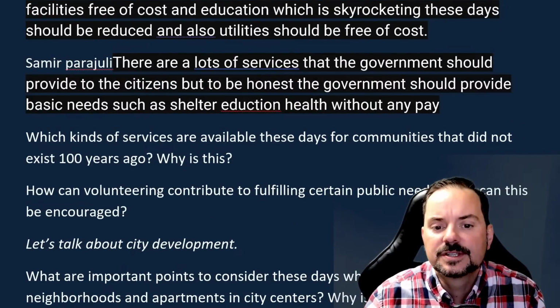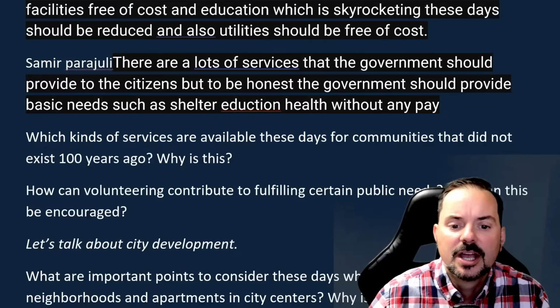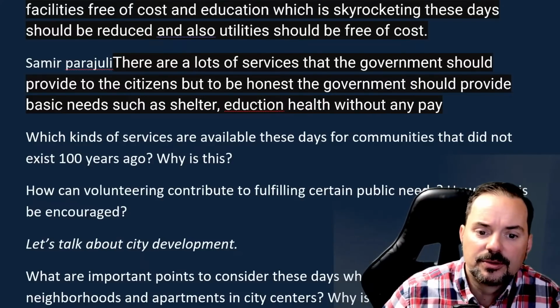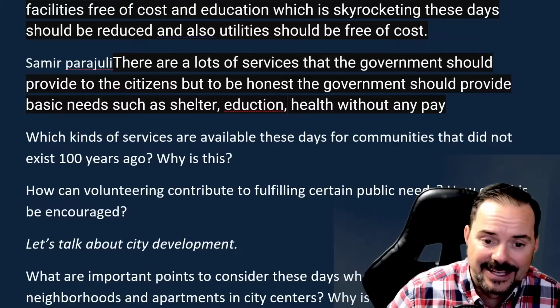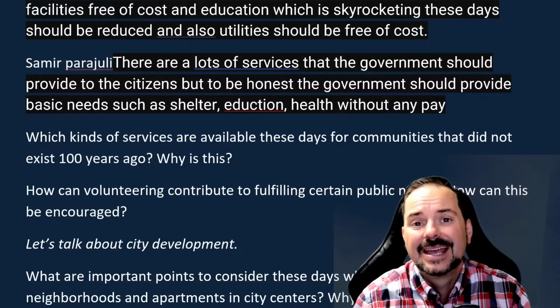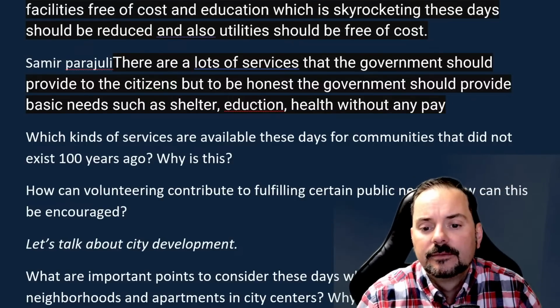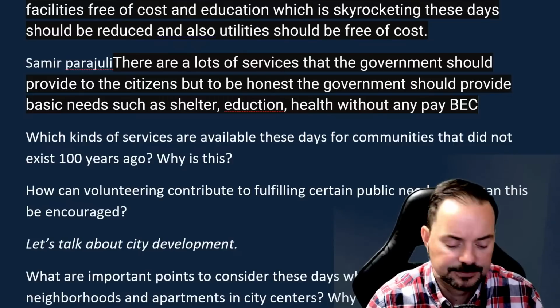Samir has this answer for us. There are lots of services that the government should provide the citizens, but to be honest, the government should provide basic needs such as shelter, education, health without any pay. And again, why, right? So what I really want everybody to focus on as we get into verbal interactions is using the word because.